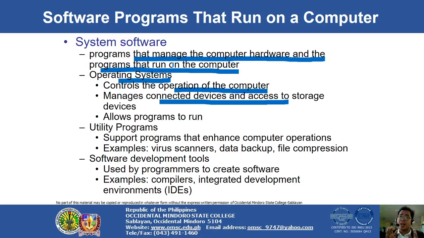For PC, we have the Windows operating system. We have XP, Windows 7, Windows 8, Windows 10. What else? Kung sa computer system ang pinag-uusapan, we have the Linux. We have the Unix. We have ano pa ba? The Mac. So those are an example of operating system.